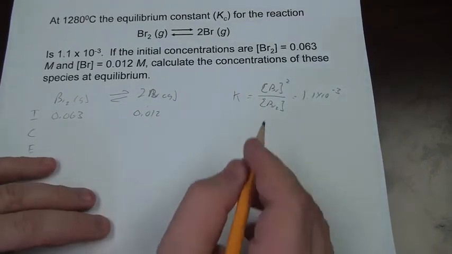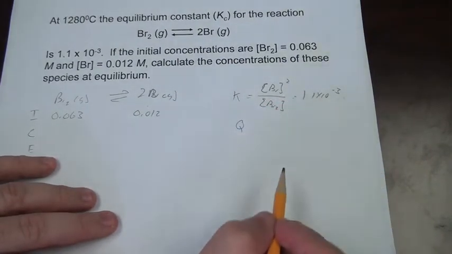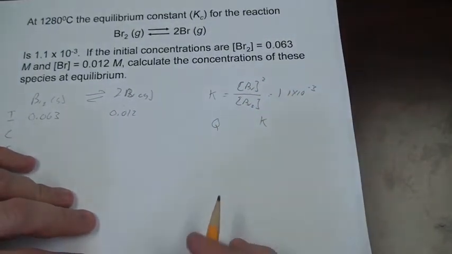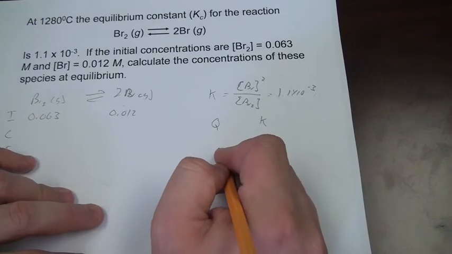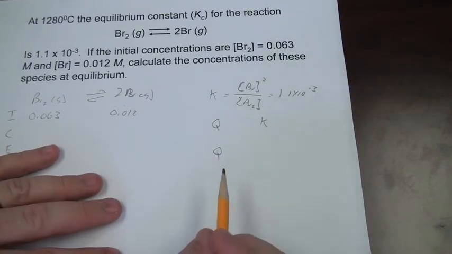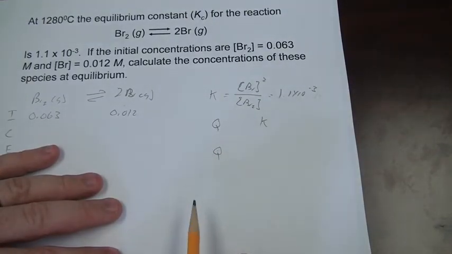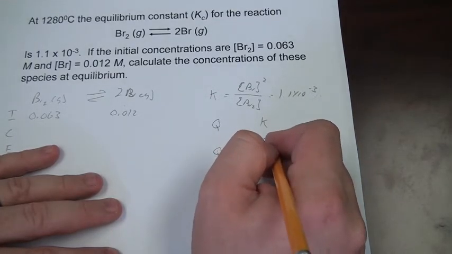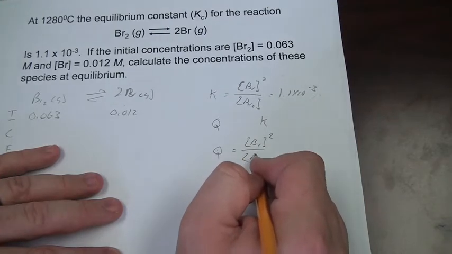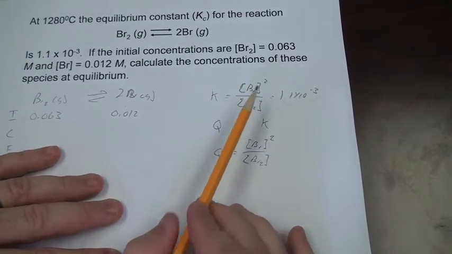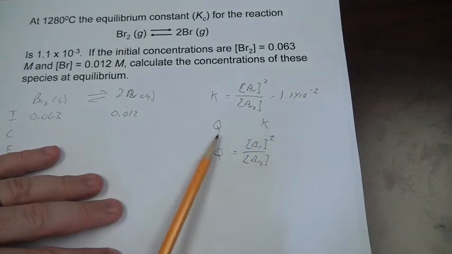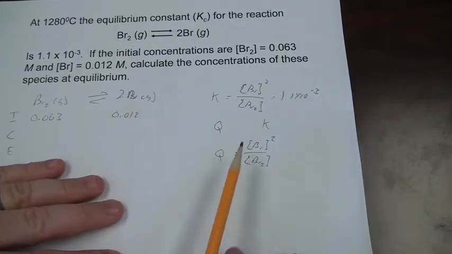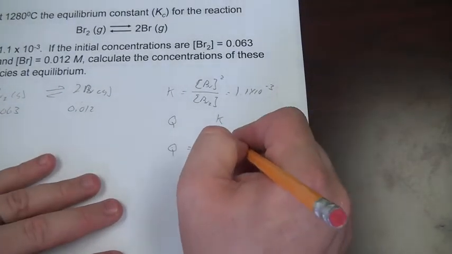Remember from before that to calculate whether we are at equilibrium or not, we have to compare Q to K. Q has the same relationship as K, but this is maybe not at equilibrium. So Q is also going to be equal to the concentration of Br squared divided by the concentration of Br2. Up here, this is at equilibrium; this is some other place. So we're going to take these concentrations, put them in here, and see what we get.